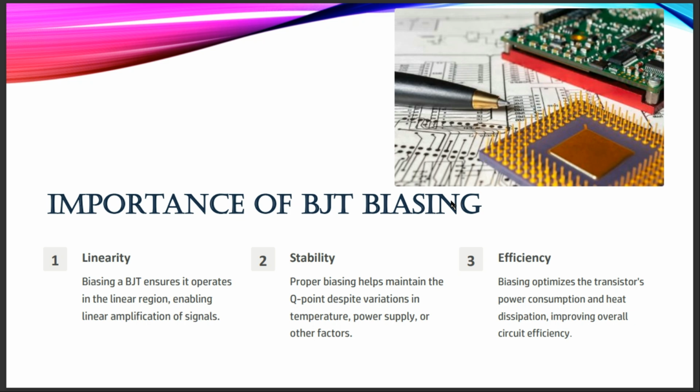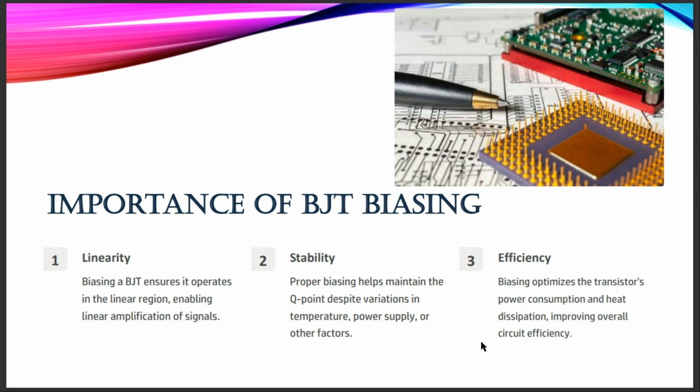Importance of BJT biasing. First, clarity; second, stability; third, efficiency. Clarity: biasing a BJT ensures it operates in the linear region, enabling linear amplification of the signal.